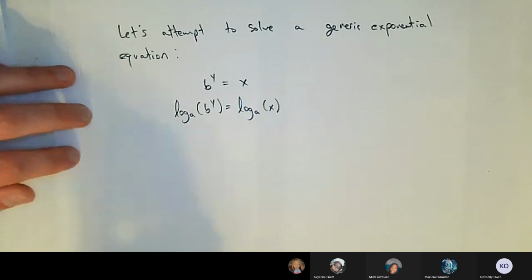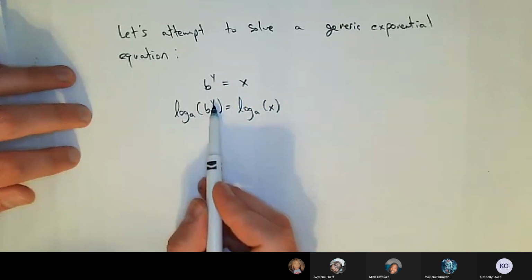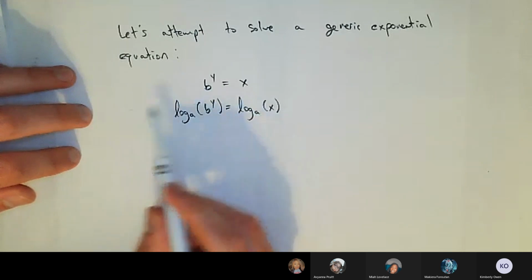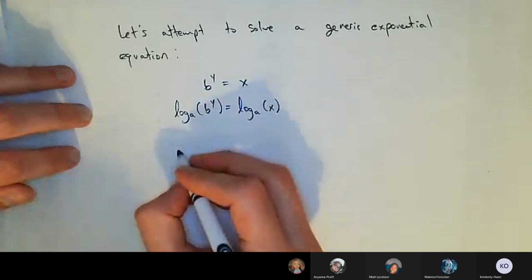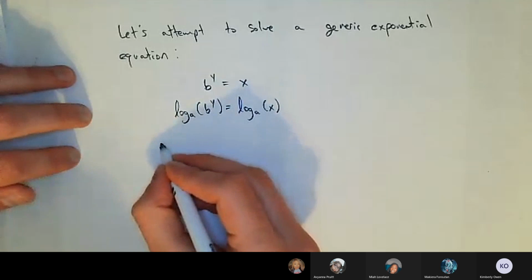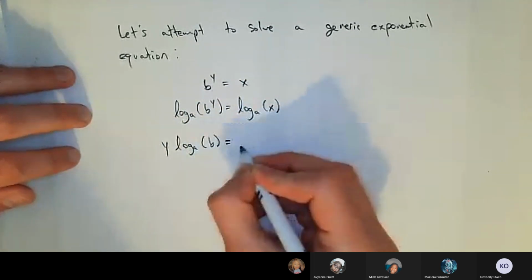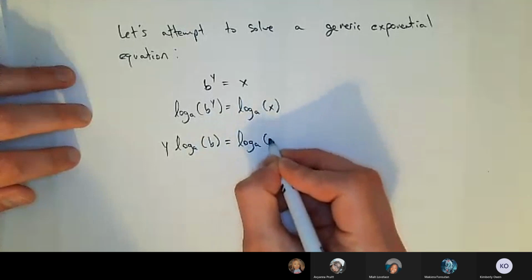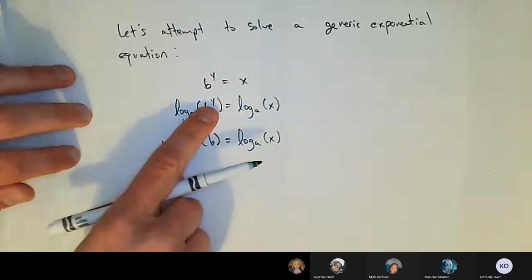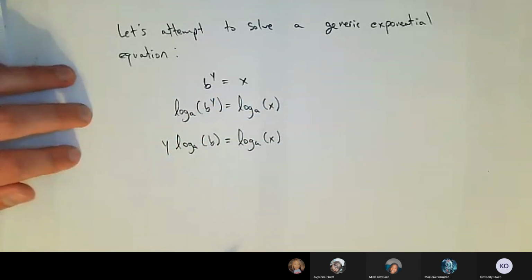Why would we do that? Well, now we can take this y, use law 3, and plop the y on the outside. That's all I did there, is use law 3 to take the exponent and stuff it out on the outside.